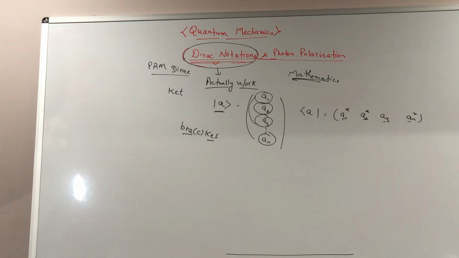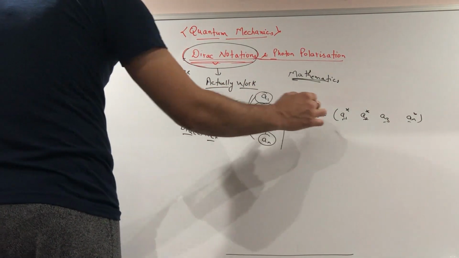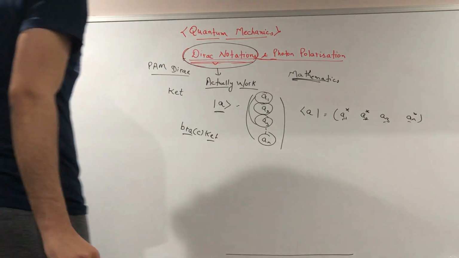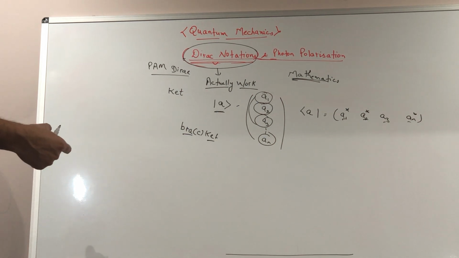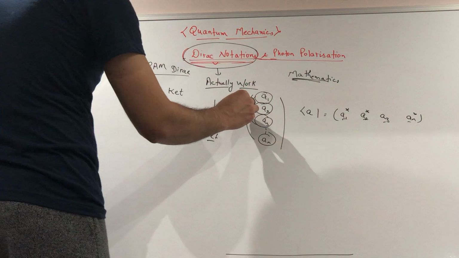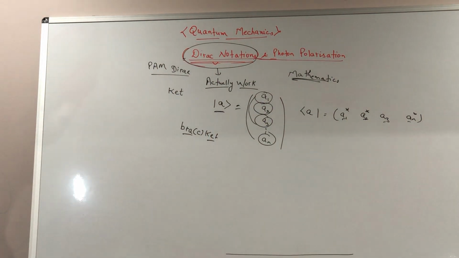So they are in the form of matrices, and it can be like any matrix. This is a column matrix, and this is a row matrix. That's how we use these matrices, and I'll try to explain how we use them in physics. For that, I have to discuss a few mathematical calculations related to the matrix formulation.